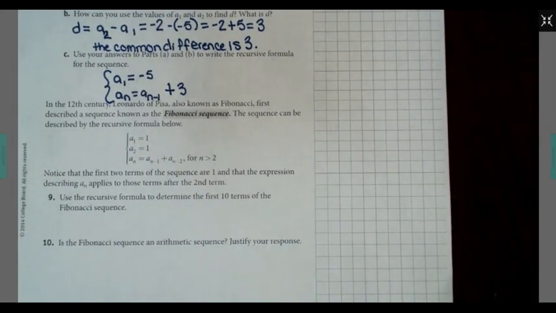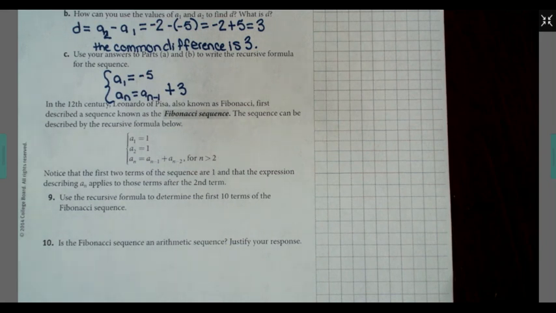Let's look at this. It says in the 12th century, Leonardo da Pisa, also known as Fibonacci, first described a sequence known as the Fibonacci sequence. This sequence can be described by the recursive formula below. A1 equals 1. A2 equals 1.